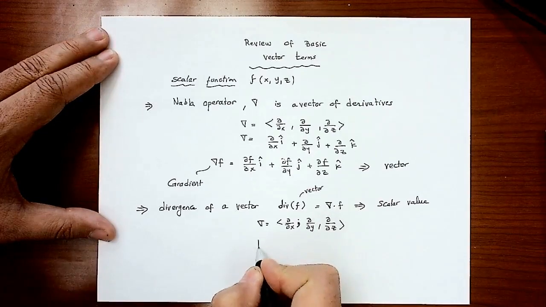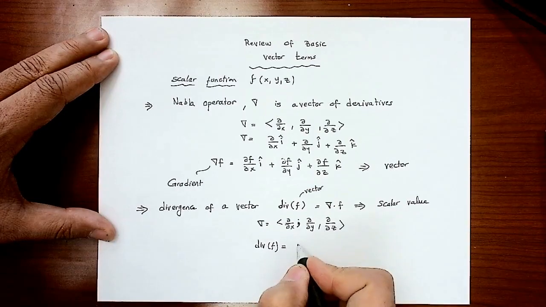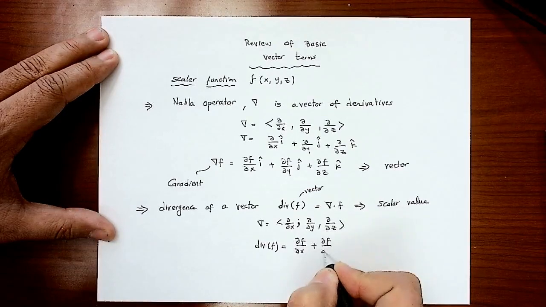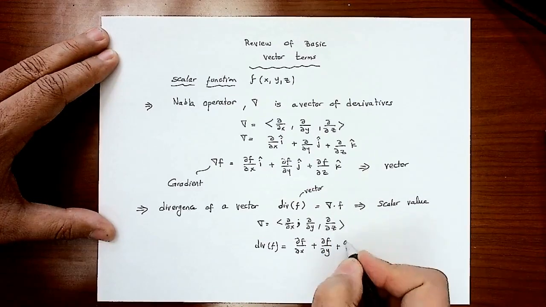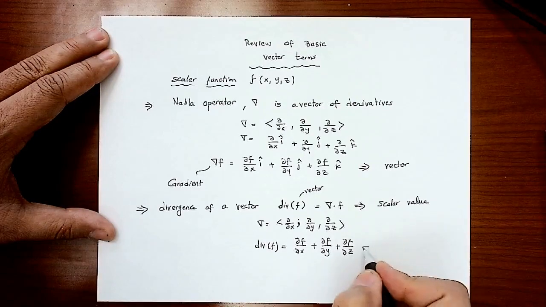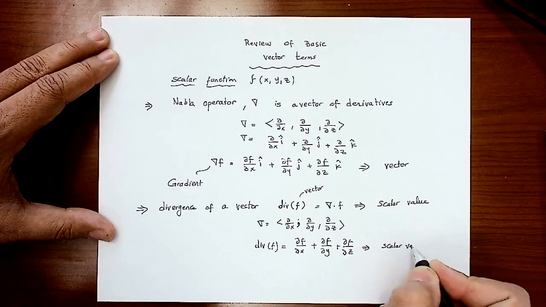The divergence of f will be simply partial f by partial x plus partial f by partial y plus partial f by partial z. Remember, f is a function of x, y, and z. And you notice that this ends up being a scalar value.